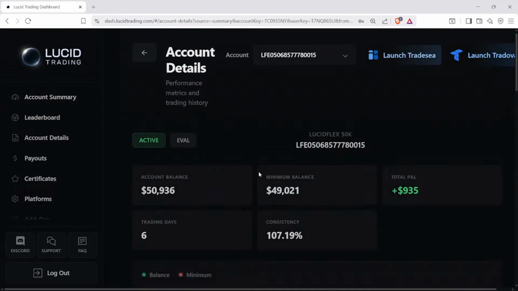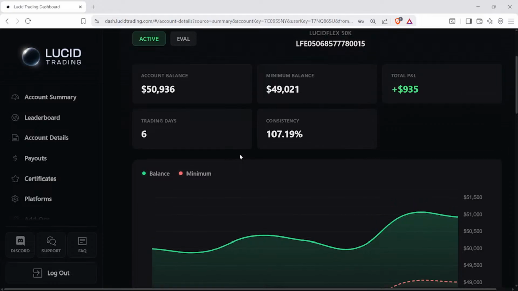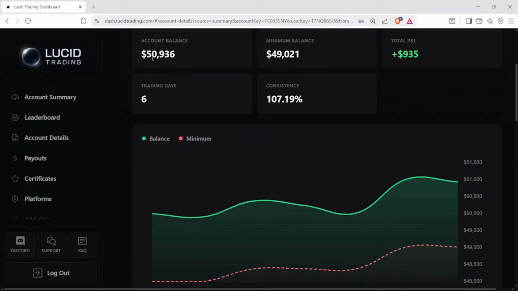Let me view the details. And we're back to here. It's the active Eval account. 50,936. Minimum balance 49. Total profits, I'm up 935 on this account. My consistency rule is too high. Even if I had 3,000 at this point, I would need a 50% consistency, 6 trading days.